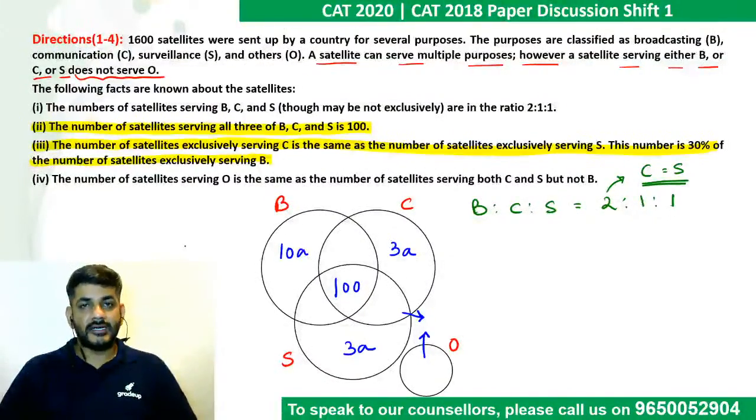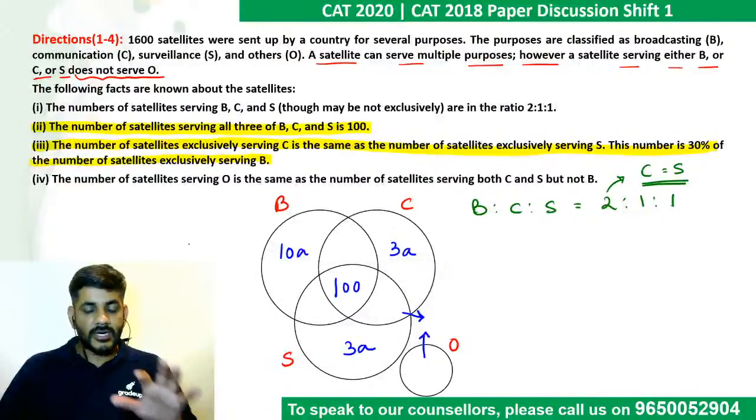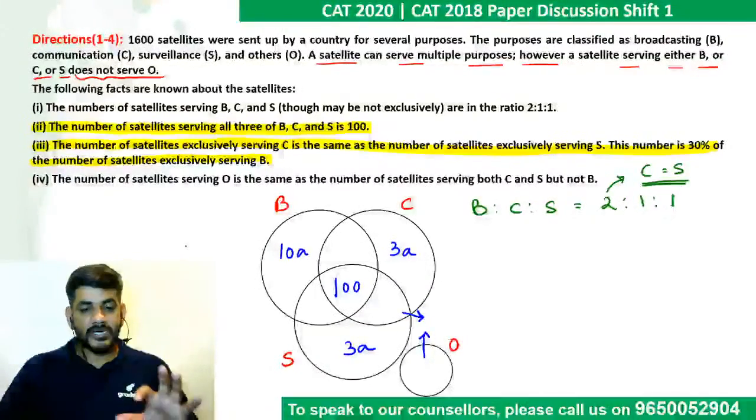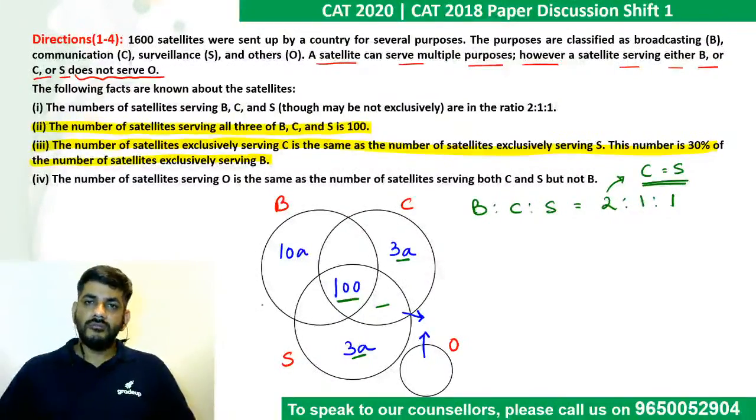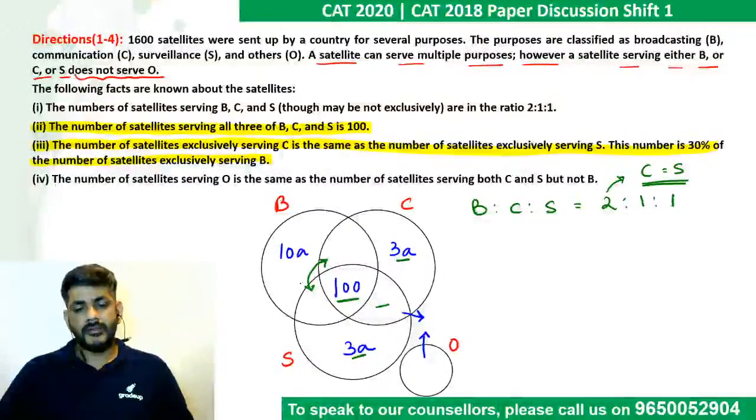Look at circle C and look at circle S. The question is saying these two circles should give us the same value. Now, can I say that this value is already equal in both of them because this is common? Similarly, this value is already equal in both of them. This value is again common in both of them. So the remaining two areas, can I say they must be equal now?